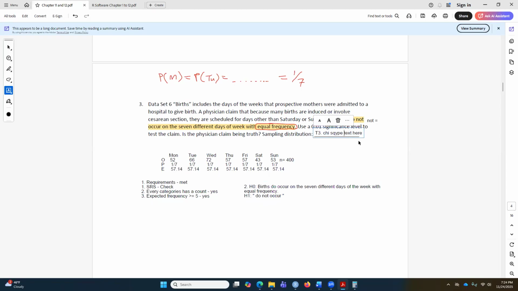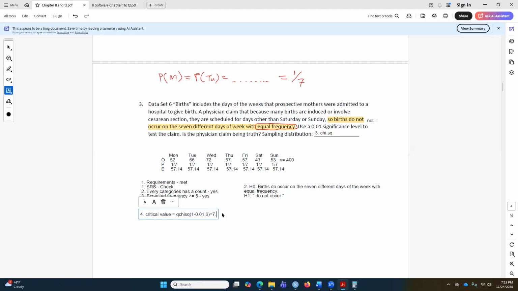So next one is the test sampling distribution. So that is chi-square, okay? And then the fourth one is the critical value, okay? In this case, we will do 1 minus alpha, but our alpha in this case is 0.01. The degree of freedom in this case is 6 because we've got 7 days. So 7 minus 1 is 6.